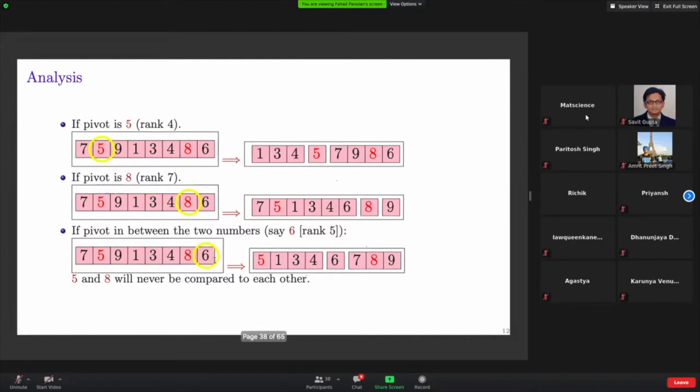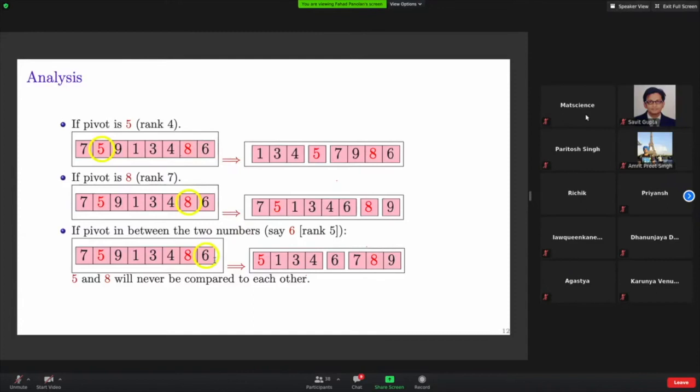On the other hand, suppose you choose the pivot as the rank 4 element, which is 5. Then definitely you will compare 5 with 8, because to make these 3 subarrays, 5 is compared with all the other elements, and 8 will also be compared in that step.